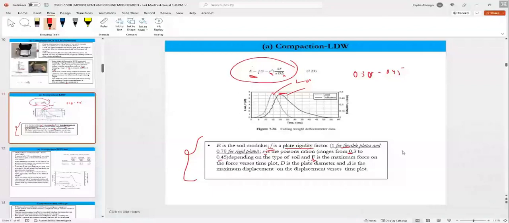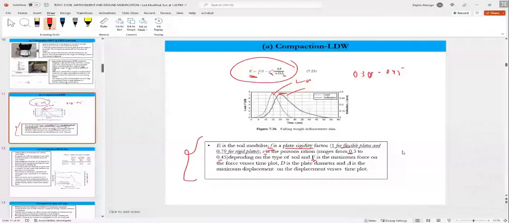Now, even for compacted soil, we can also determine its elastic modulus in the lab.